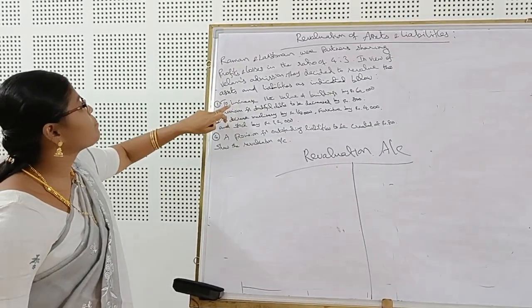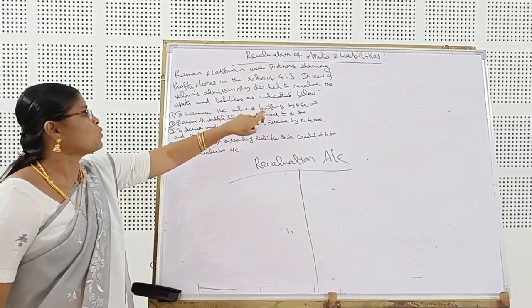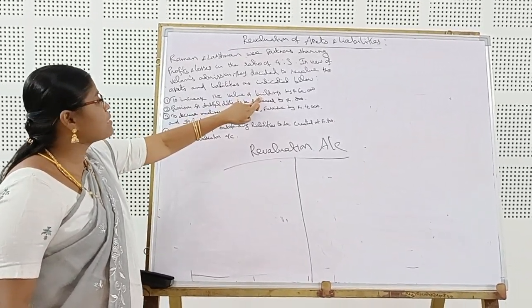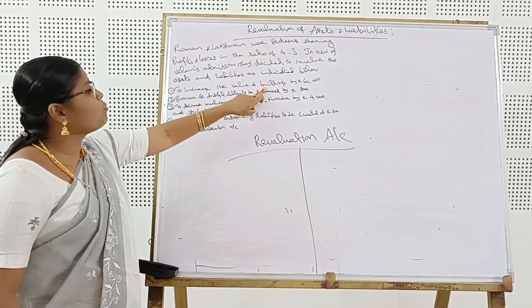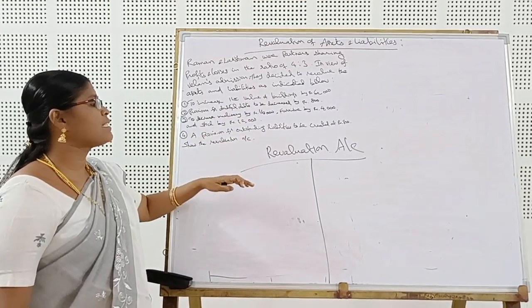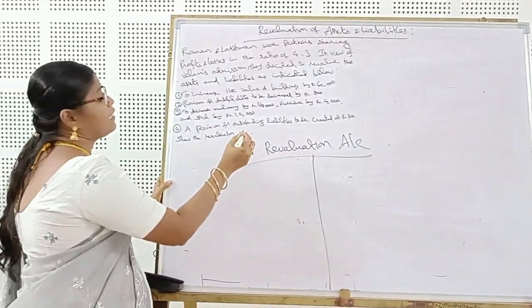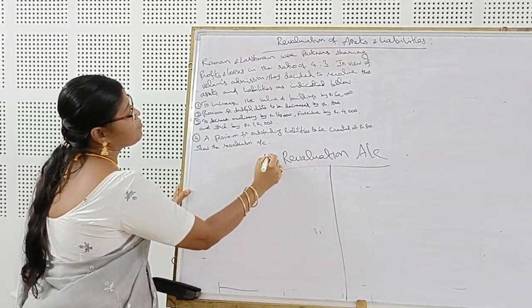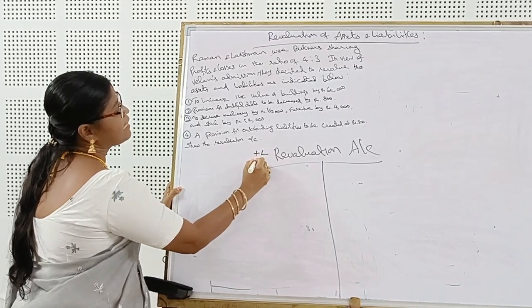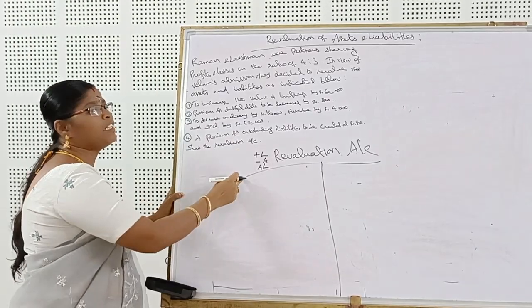So the first adjustment is to increase the value of building by 60,000. Building is an asset of the business, so that value should be increased by 60,000. Any increase in asset comes under the credit side of the revaluation account. Once again, I recall it: any increase in liability, decrease in asset and additional liabilities come under the debit side.